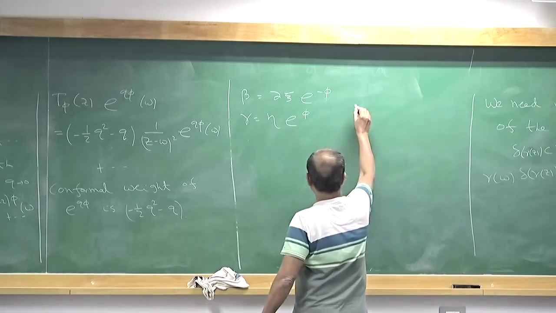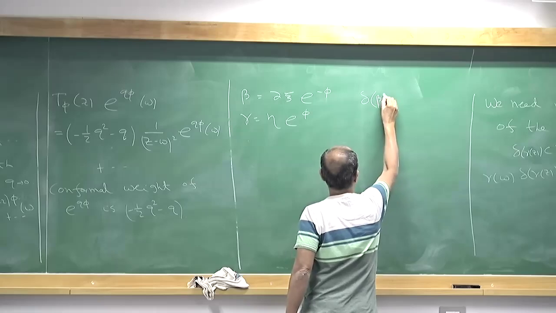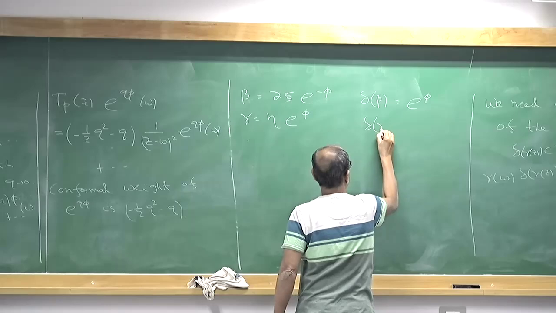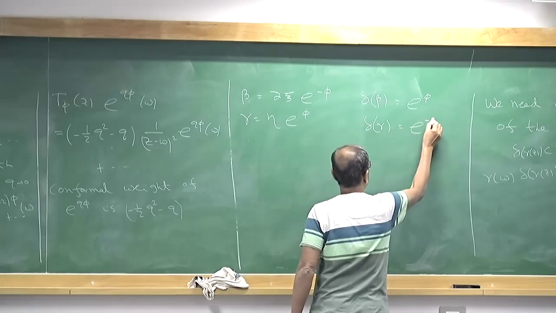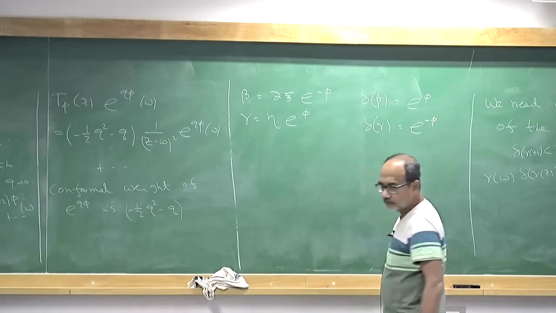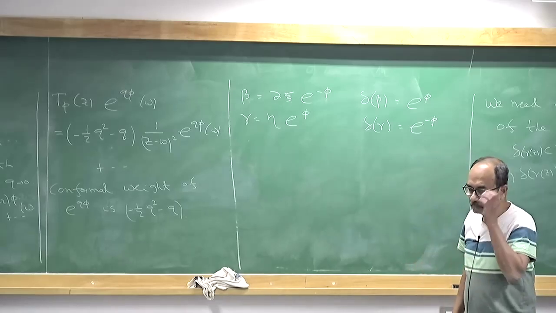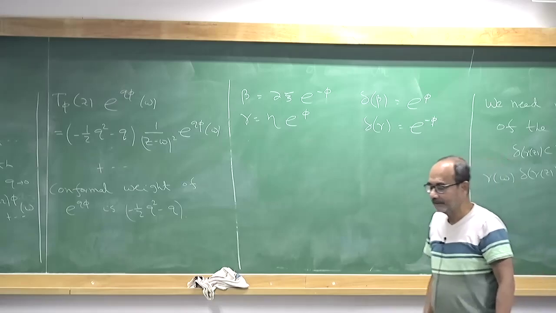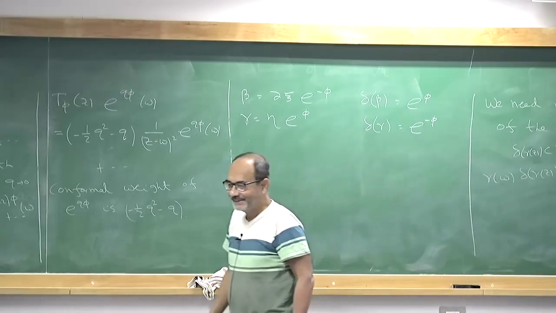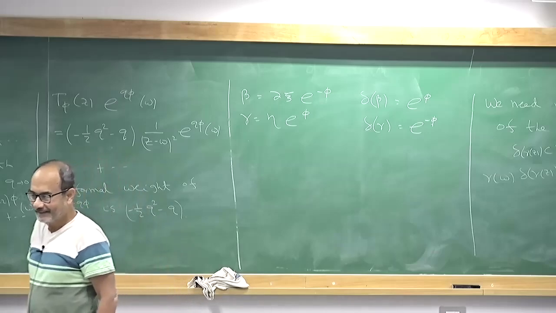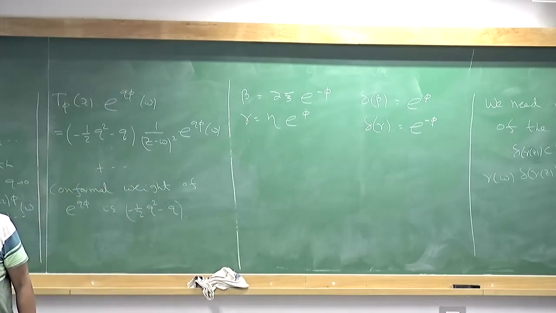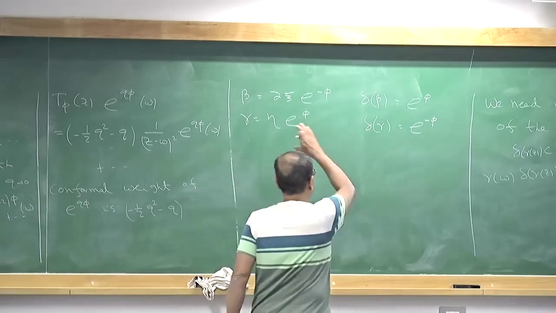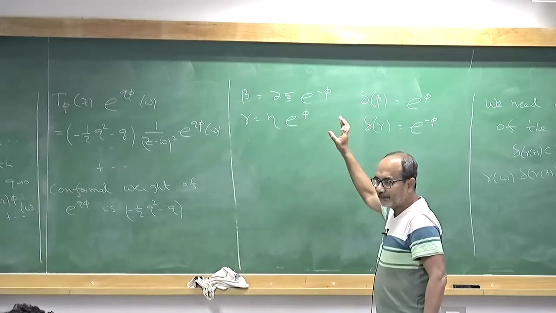Okay. So delta beta in this language is e to the phi, and delta gamma is e to the minus phi. I'm giving the translation, the various operators from the beta gamma system to the xi eta phi system.